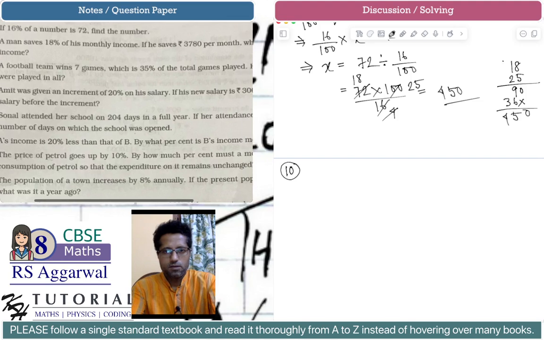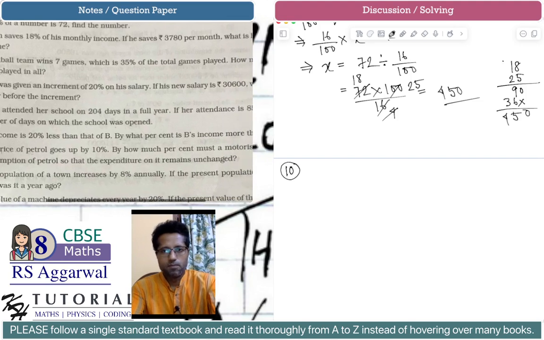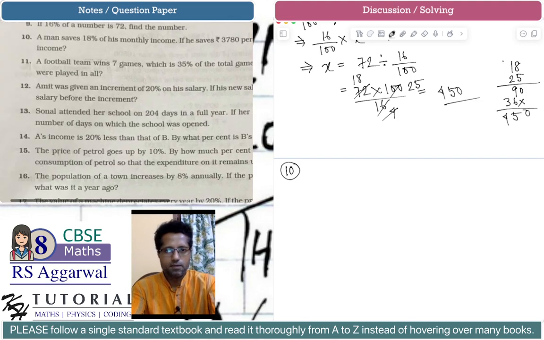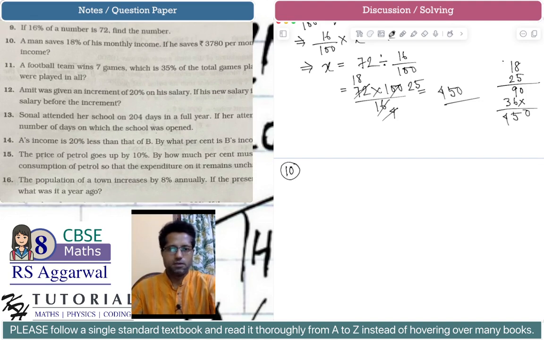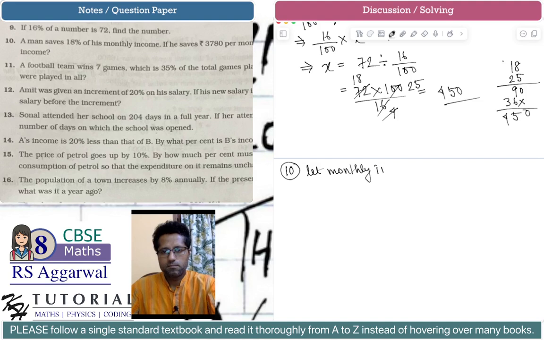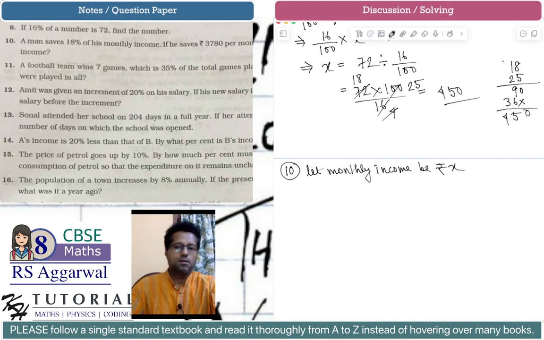If he saves rupees 3780 per month, what is his monthly income? Okay. So the unknown is monthly income. So we assume, let monthly income be rupees X.